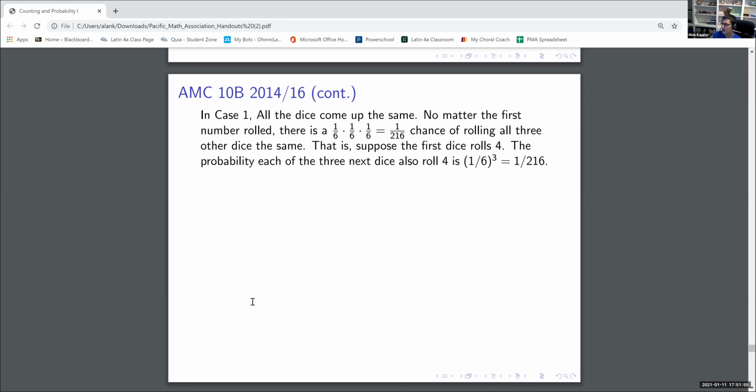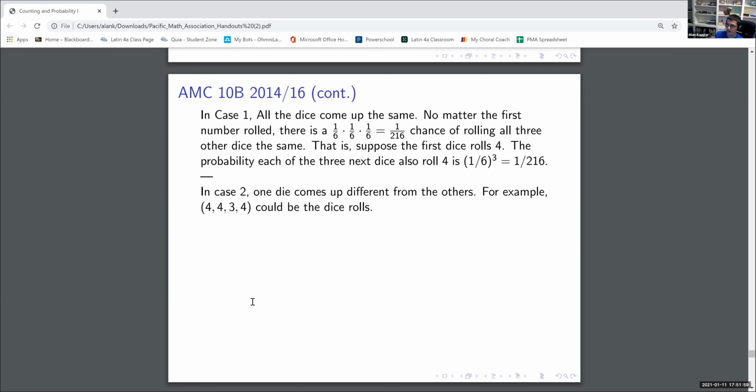In case 2, this is going to be a bit more complicated, because remember that there are going to be 4 cases for the die that's different. So you could have 4, 4, 3, 4, but you could also have 4, 4, 4, 3, or 3, 4, 4, 4.